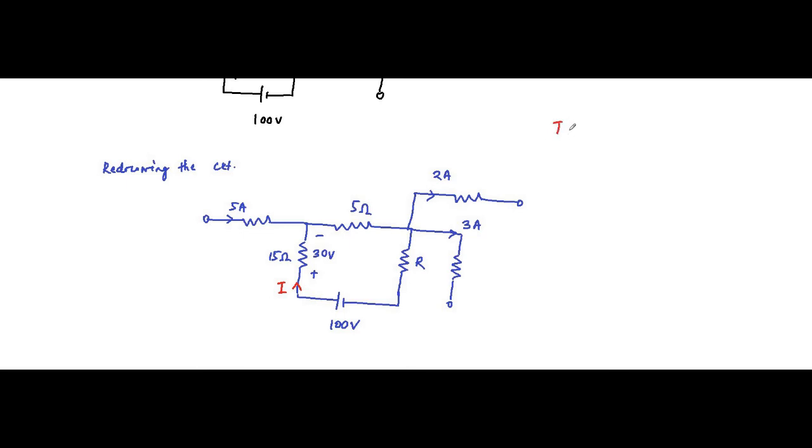So I is equal to voltage drop across the resistor divided by resistance. VR is 30 volt, which is given. Resistance is 15 ohm. So this is 2 ampere. I is equal to 2 ampere.